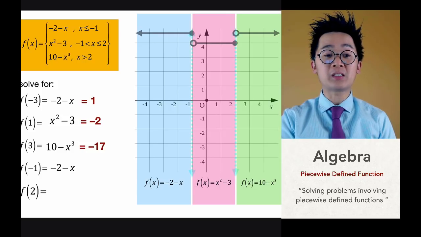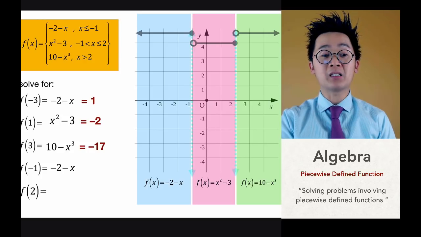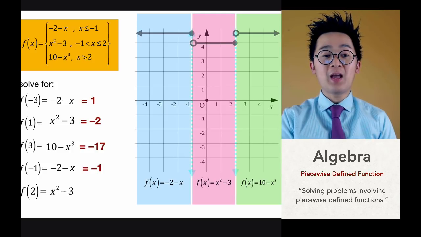So we will be using the formula for the blue region, which is -2 minus x, and by direct substitution it will equal -1. And for f of 2, we will be using x squared minus 3 because +2 is in between -1 and +2. So by substitution, x squared minus 3 using the value of 2 will give us 1 for f of 2.